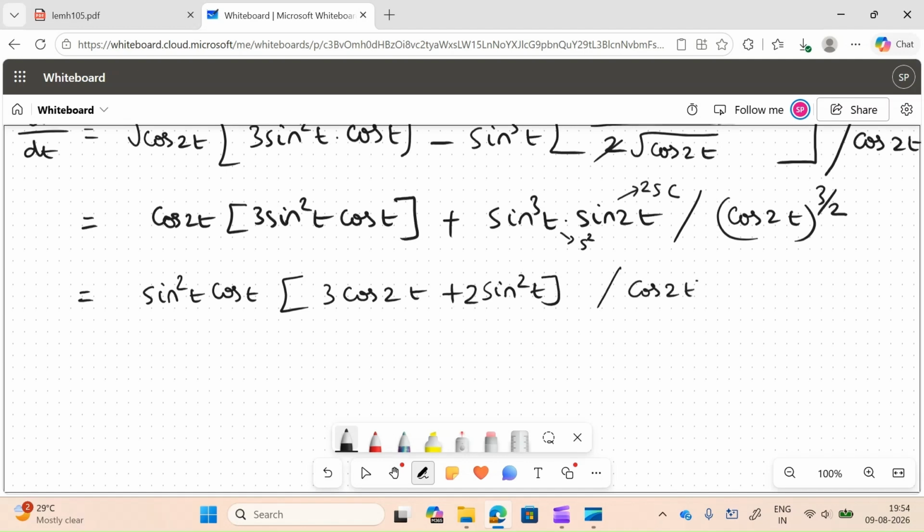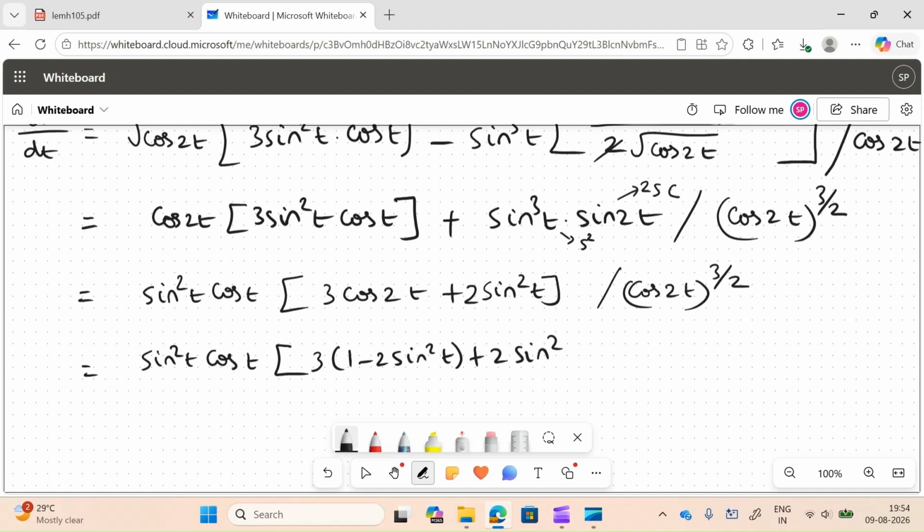Cos 2t power 3 by 2 is there. Now this will be sine square t cos t times. Now cos 2t can be written as 1 minus 2 sine square t, right? So 2 sine square t divided by cos 2t power 3 by 2. Understood?